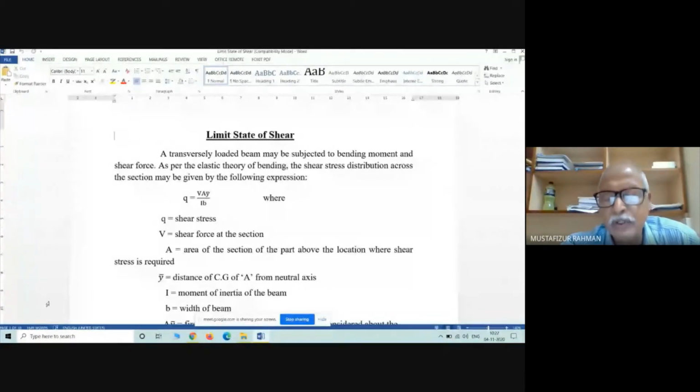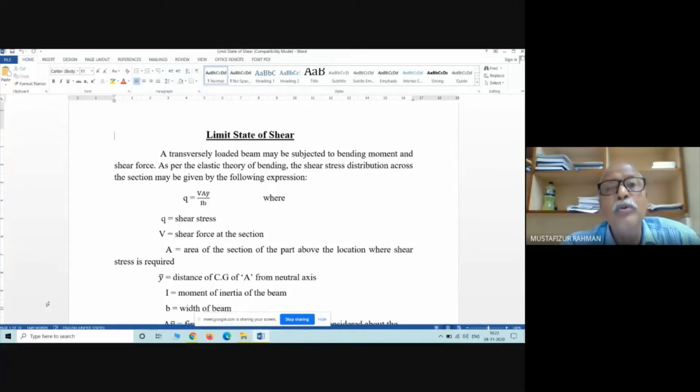Under that situation, we said that the beam is doubly reinforced, right? So by doing those things, you will be able to make the structure very resistant. But simultaneously, shear force is also coming.